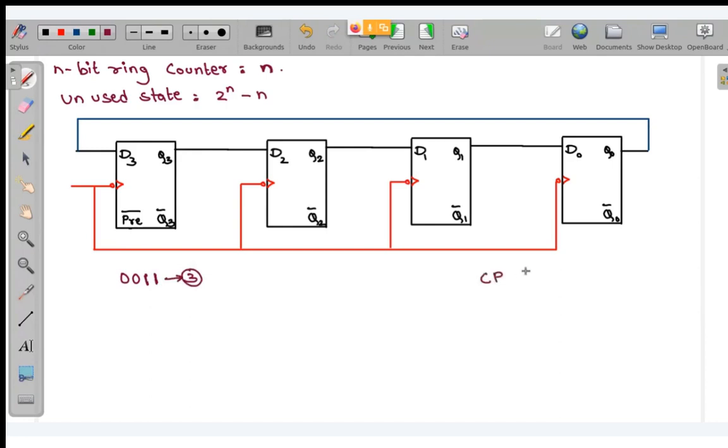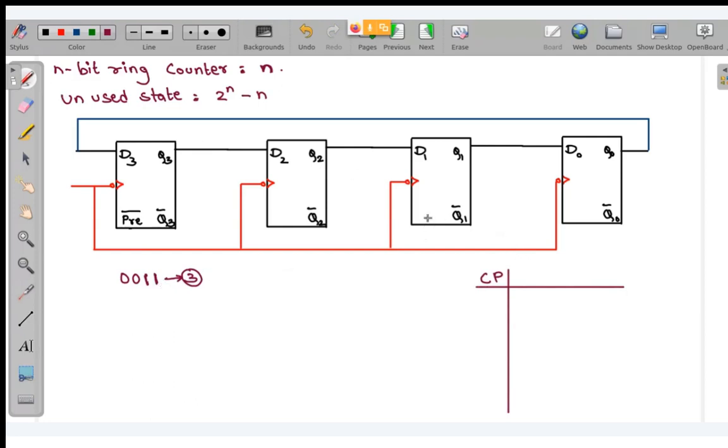So now I am writing it in shortcut. I am saying that initially your counter was loaded with 3. Now we don't have to worry about where this 3 came from.